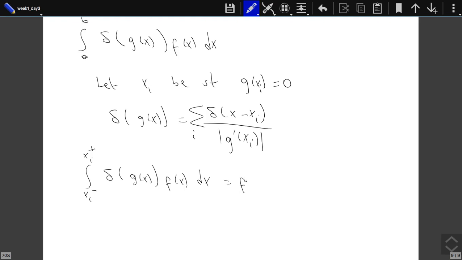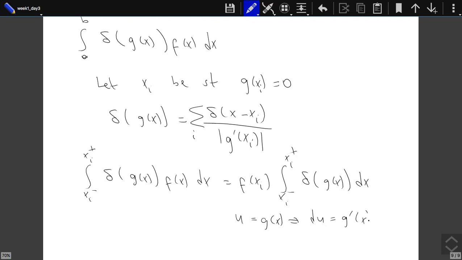Well, this is equal to f of xi from xi minus to xi plus Dirac delta of g of x dx. Now let's make a change of variables. Let me call u is equal to g of x. So du will be equal to g prime of x dx.